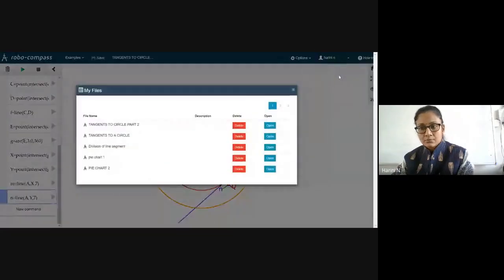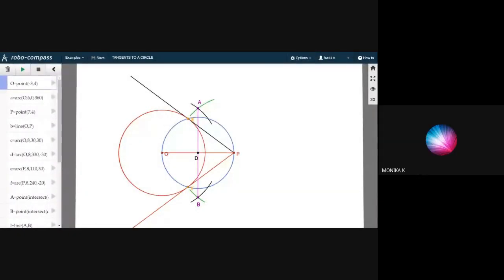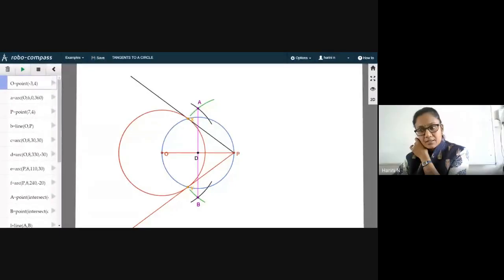Okay. So now we will go back and I will take the RoboCompass. Can you see my screen? Yes, ma'am. Okay. So that is the final diagram. How it would look like is what I am trying to show you.